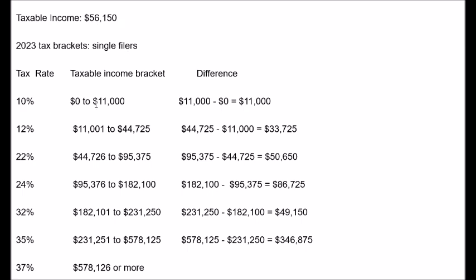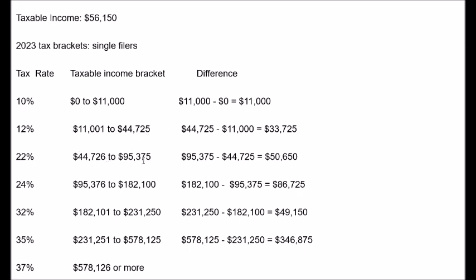In the first interval, the amount of money is $11,000 minus 0, which is $11,000. And for the second interval, it's $44,725 minus 11,000, and that will give us $33,725. So that's the amount of money in this interval.